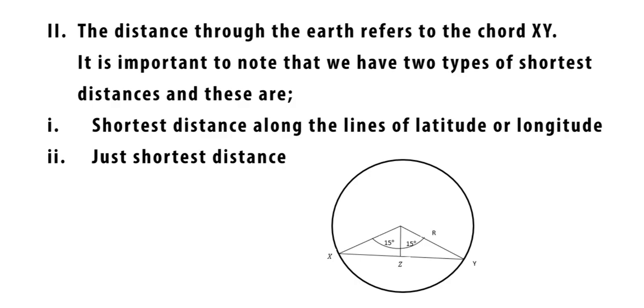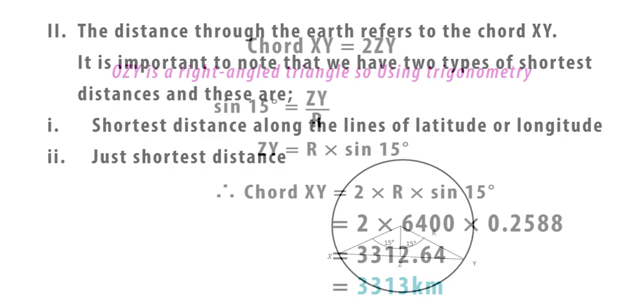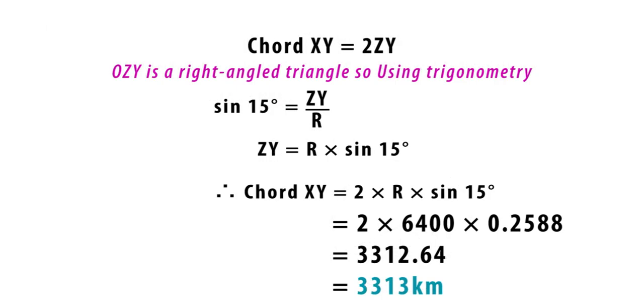Now from the diagram, you can see that the chord XY is equal to 2 multiplied by ZY. Again, from the diagram, you observe that OZY is a right-angled triangle. Therefore, we can use trigonometry in calculating any side of the triangle.